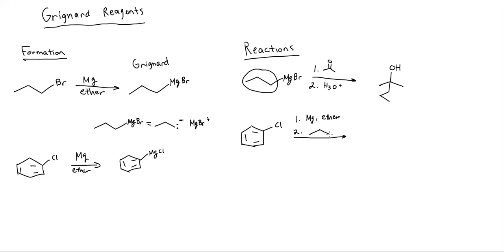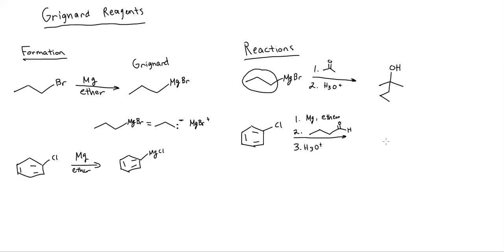So let's throw in this aldehyde. Okay. And then as a last step, I can throw in H3O plus. Okay. So now what happens? This Mg ether is going to turn this into MgCl, right? Which is going to give me a Grignard. So the first step is just forming my Grignard.